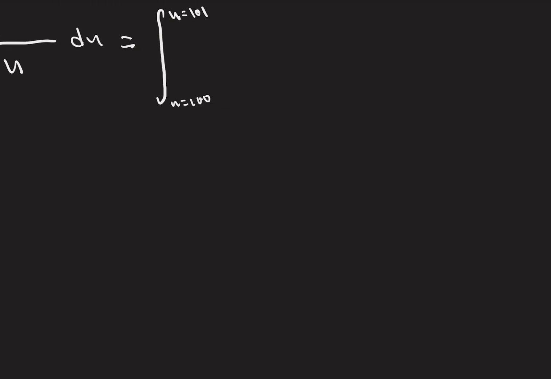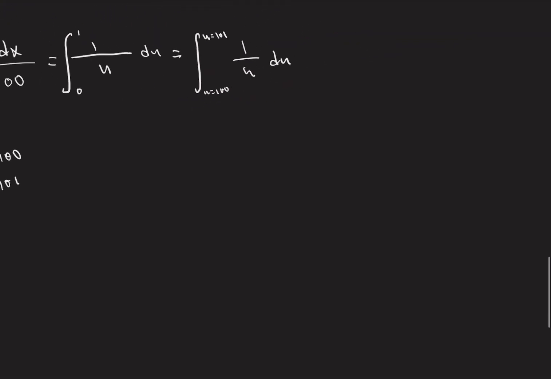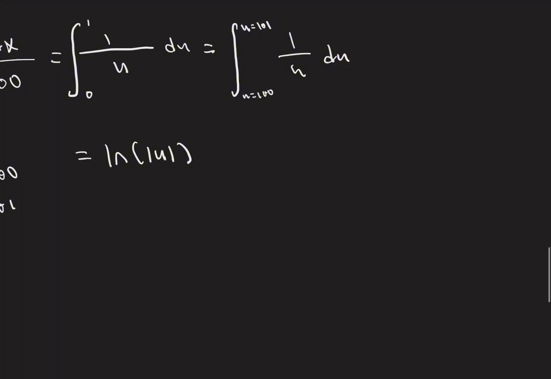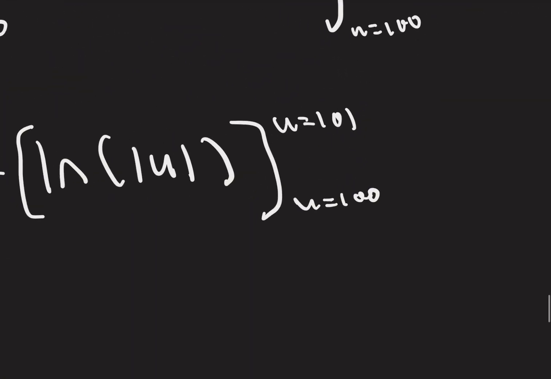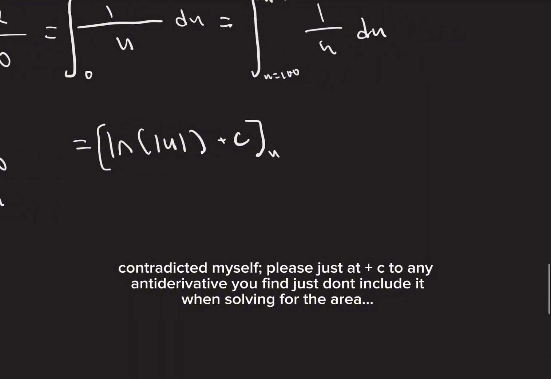Now, like I said before, the integral of 1 divided by u du is the natural log of the absolute value of u, plus c, going from u equals 100 to u equals 101.